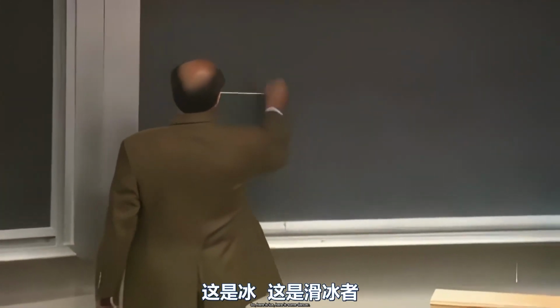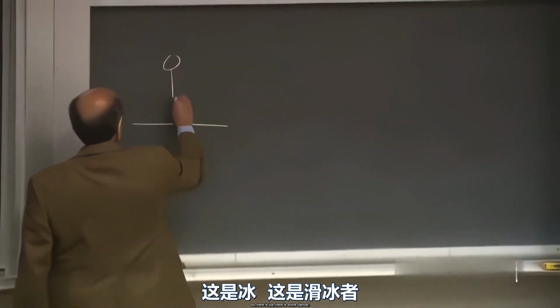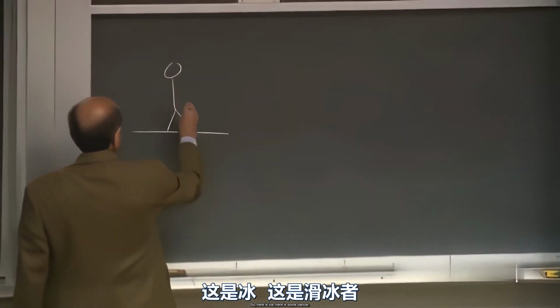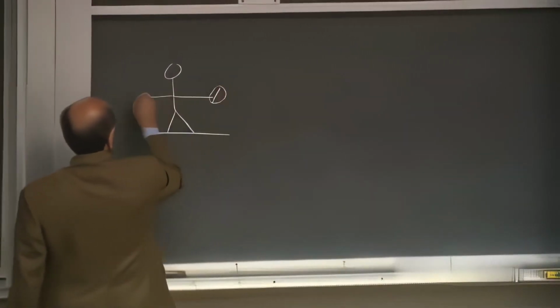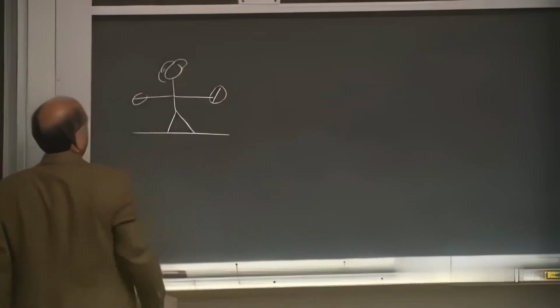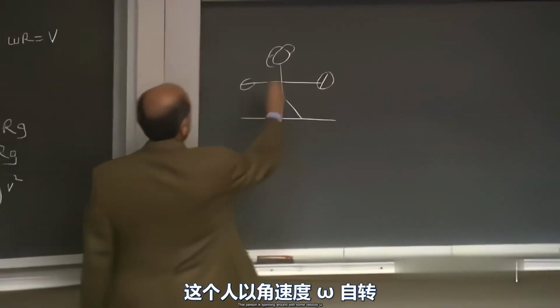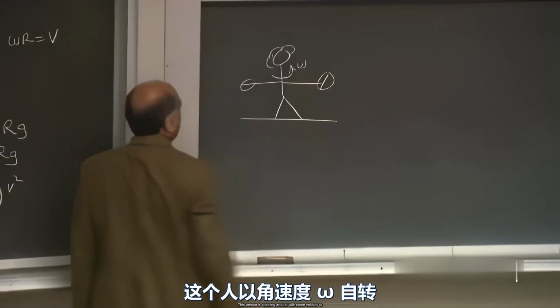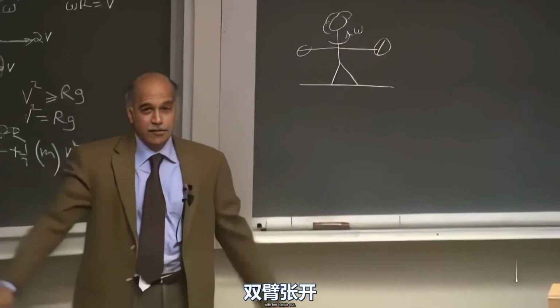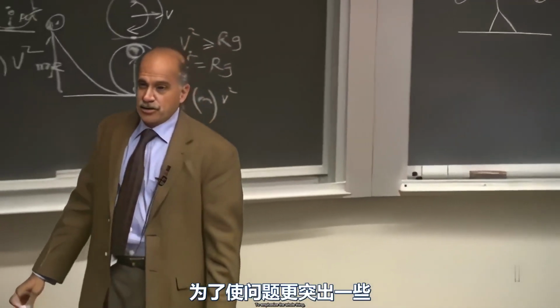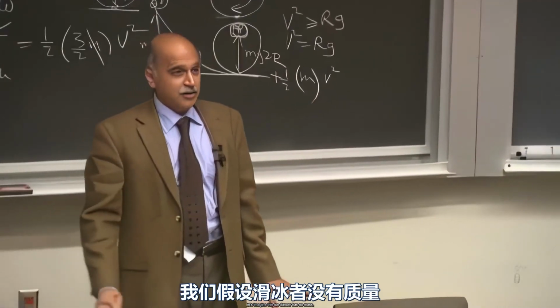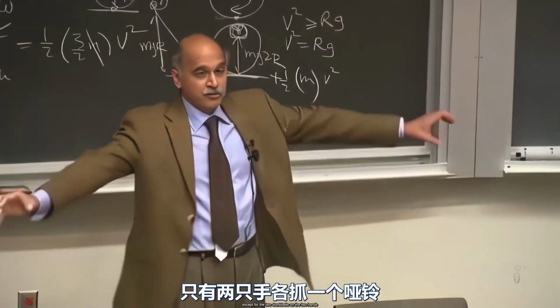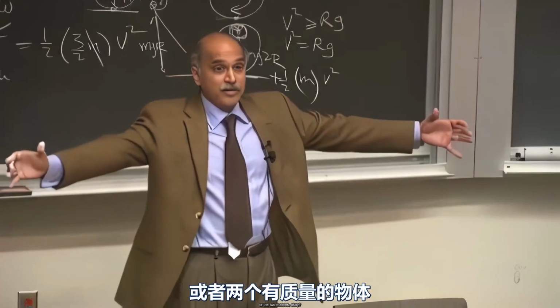So here is ice. Here is some dancer. All right, so this person is spinning around with some velocity omega with the hands out. To emphasize the whole thing, let's imagine this ice dancer has no mass, except for the two dumbbells on the two hands, or the two masses.